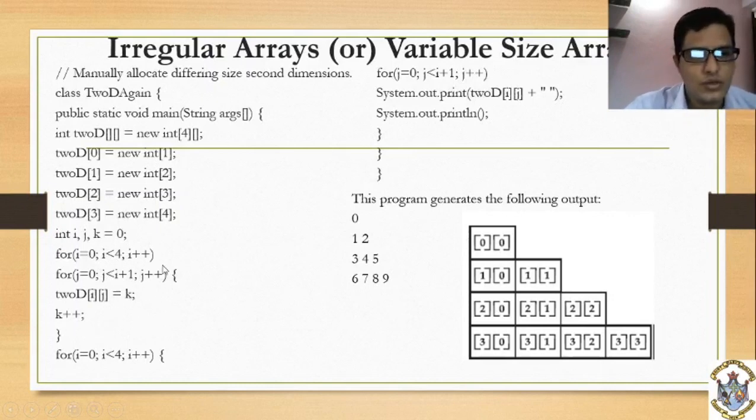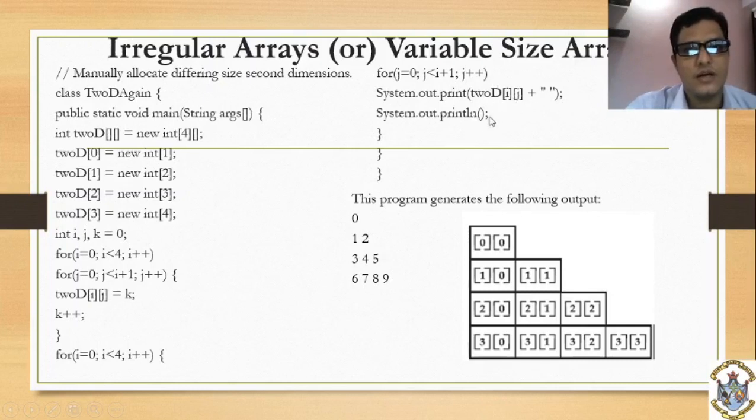Now we are storing the values here. After storing, what do we have to do? We have to definitely display them, right? To display the values, we are using nested for loops. The same statements are repeating, but here I am displaying the output by using the System.out.println statement, right? 2d of i j plus a blank space. After displaying the value, it gives a blank space, right?